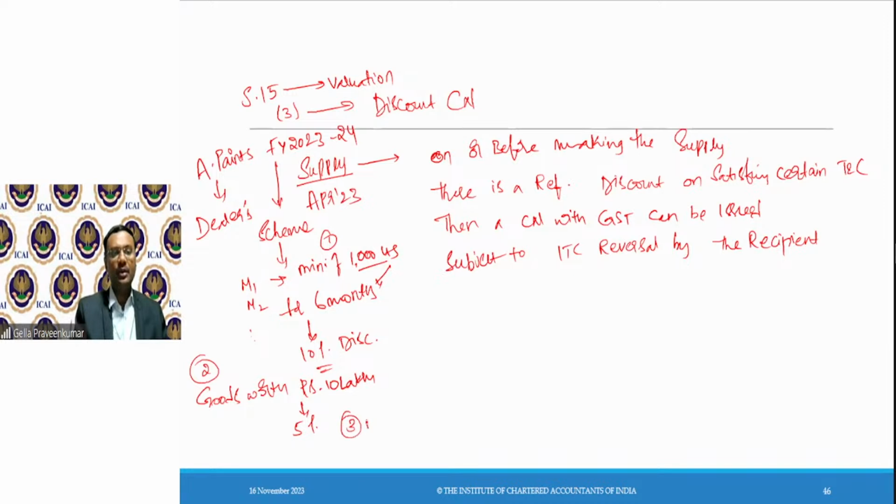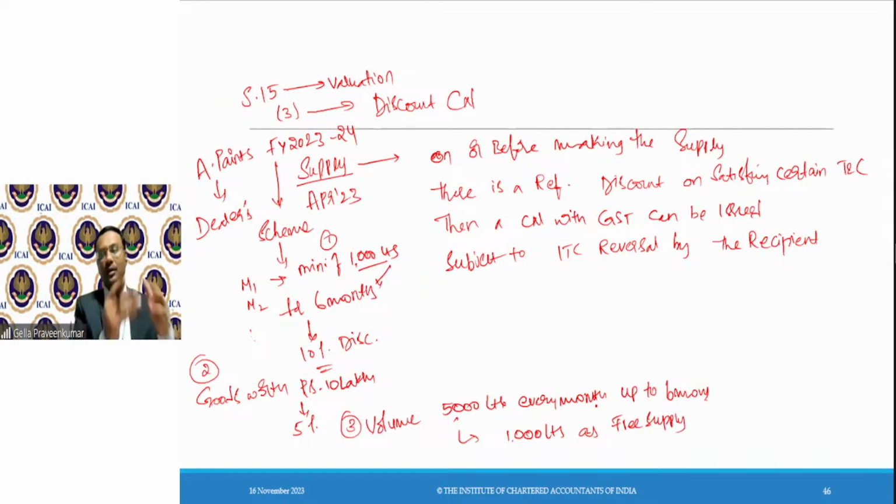Third, there could be something called volume discount, where they'll say, if you buy, say, 5,000 liters every month, up to 6 months, you will get 1,000 liters as free supply.